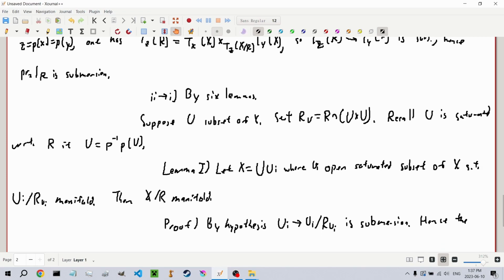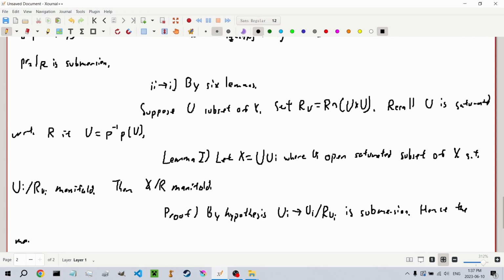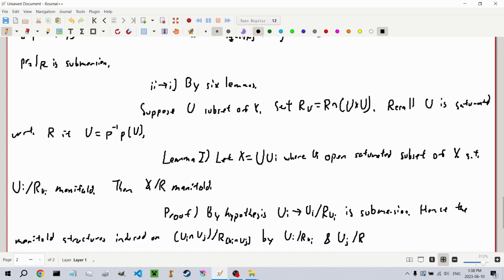Hence, the manifold structures induced on the quotient of the intersection of Ui and Uj with R of Ui intersecting Uj by Ui over R Ui, this is for any i and j, and by Uj over R Uj agree for all i and j in our indexing set.